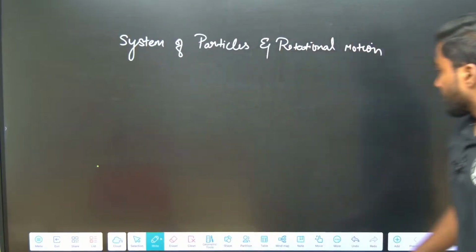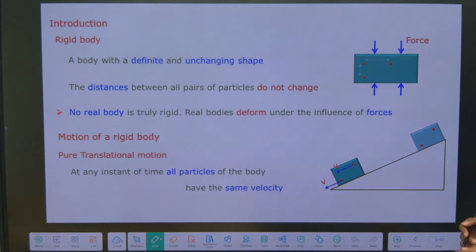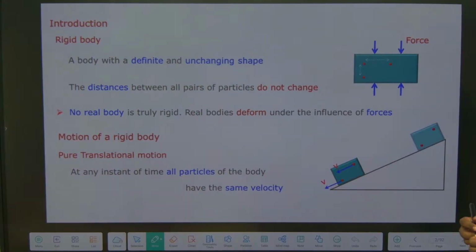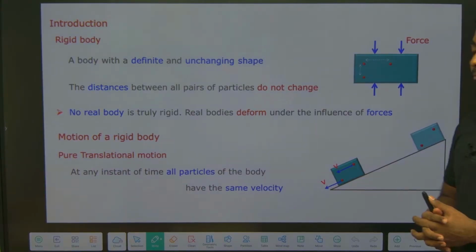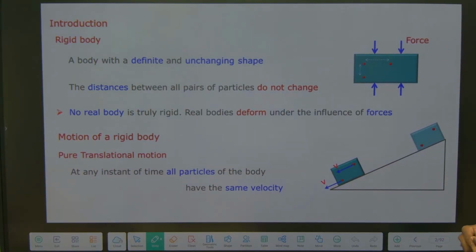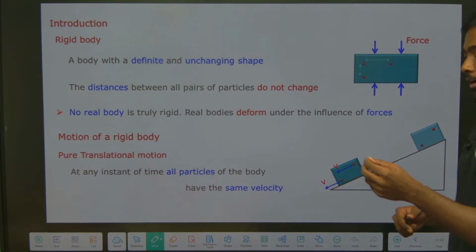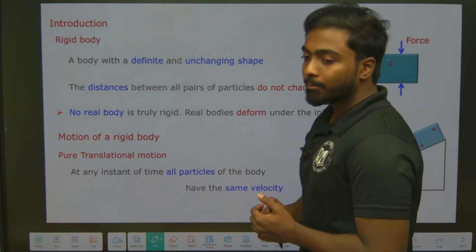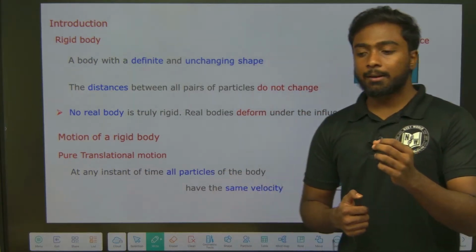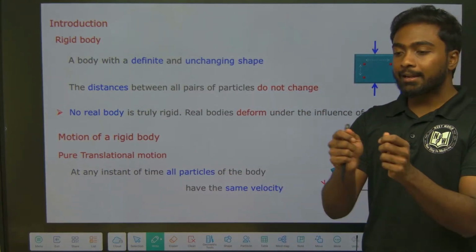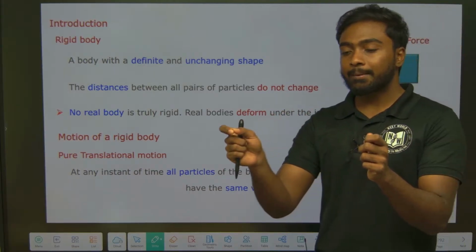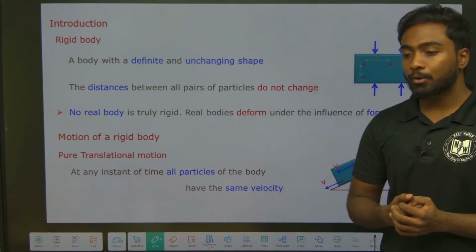Okay, so the first one which we are going to see is a rigid body. When we talk about a rigid body, it is a body with a definite and unchanging shape. Which means when I take a rigid body or solid body, the particles are closely packed to each other, right?